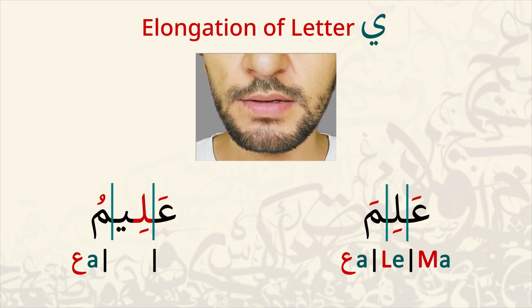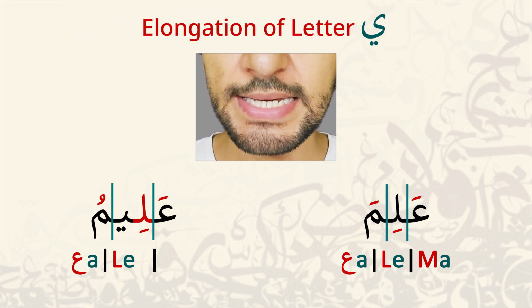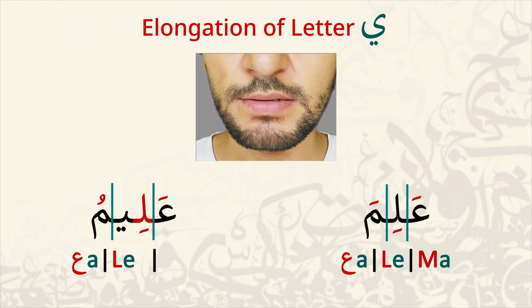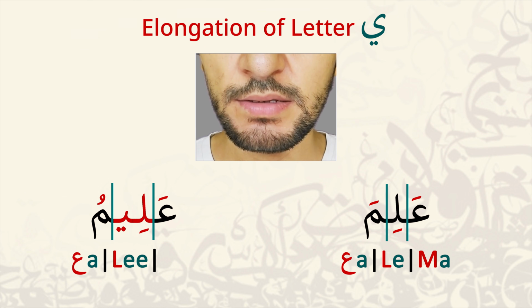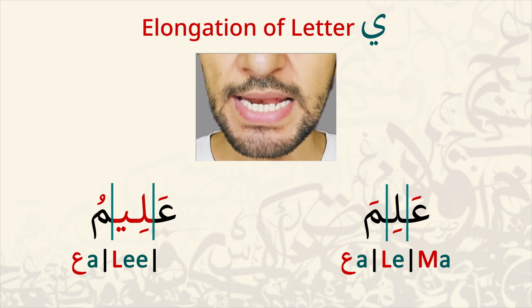The second letter is also the same, but it has kasra label and it's followed by a consonant ya. So here we will have an elongation. The consonant ya gives the sound i. So in this syllable, we have double E sound. And that's how elongation with ya is formed. So this syllable will sound like lee.